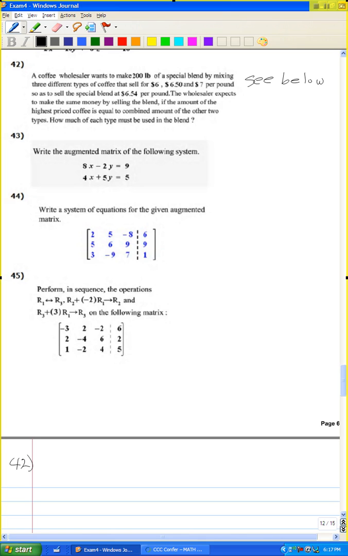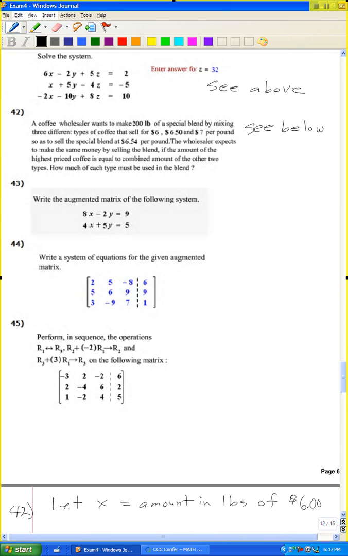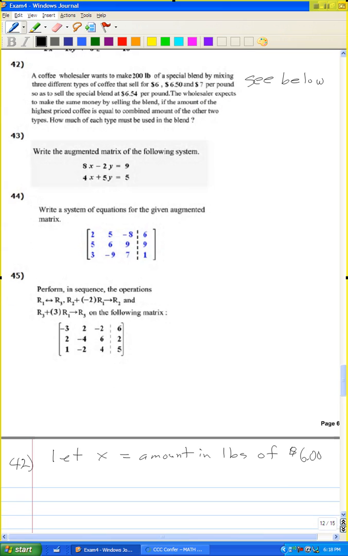A coffee manufacturer wants to make 200 pounds of a special blend by mixing 3 different types of coffee. And so let X be the amount in pounds of the $6 per pound coffee.